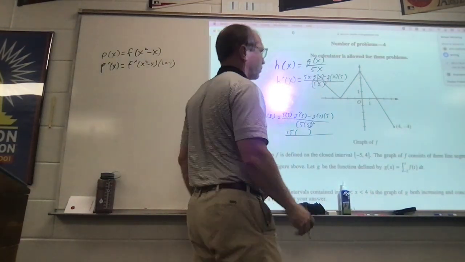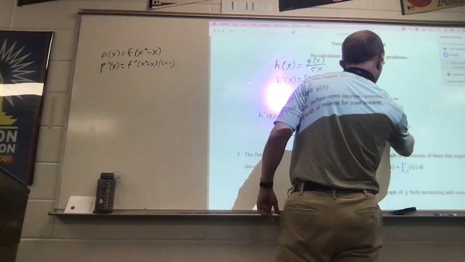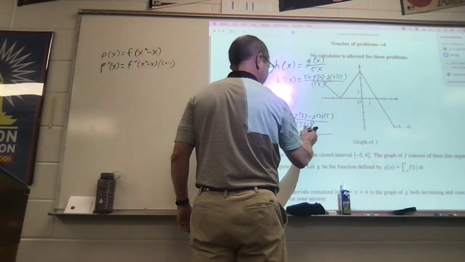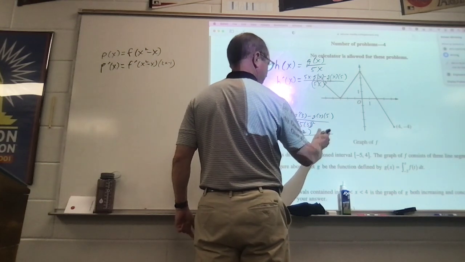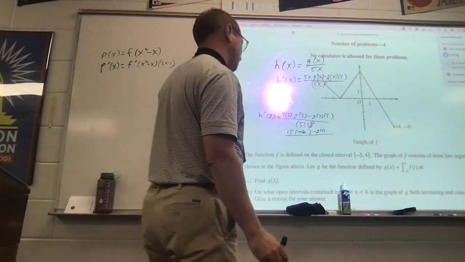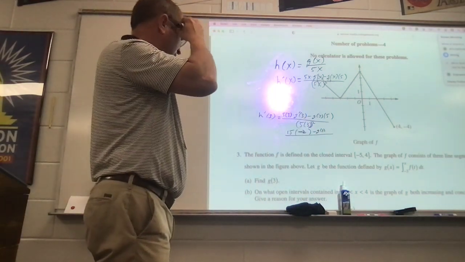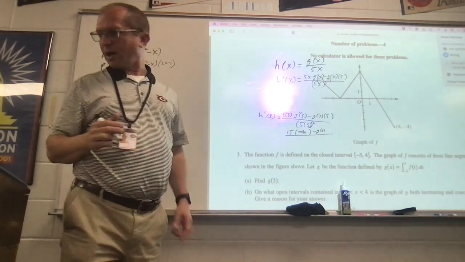So f of 3 is looking like it's going to be negative 2. All right, minus g of 3. And g of 3 is the value we found in part A.